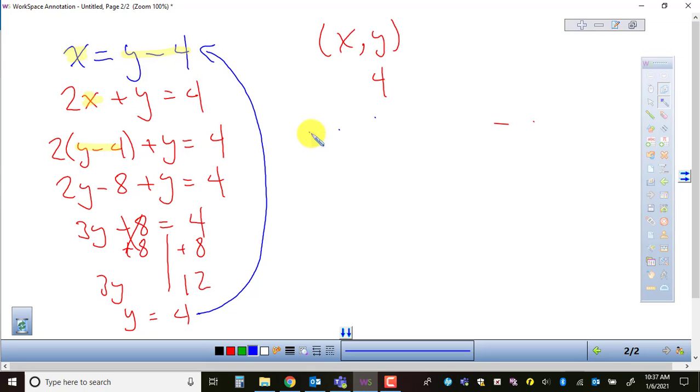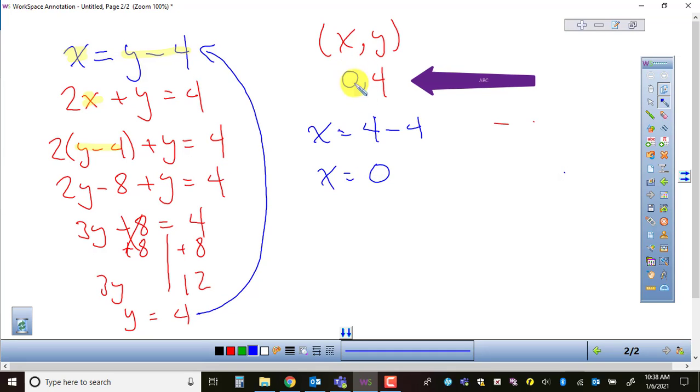So now I'm going to rewrite my top equation, but in place of y, I'm going to put 4. And 4 minus 4 would give me 0. So I've now found the second half of my ordered pair. X is 0. So again, we've solved or found the one ordered pair that would work simultaneously in these two equations.